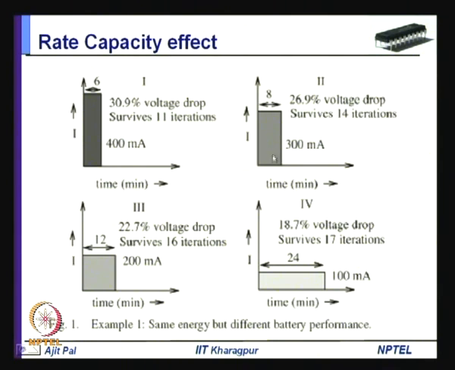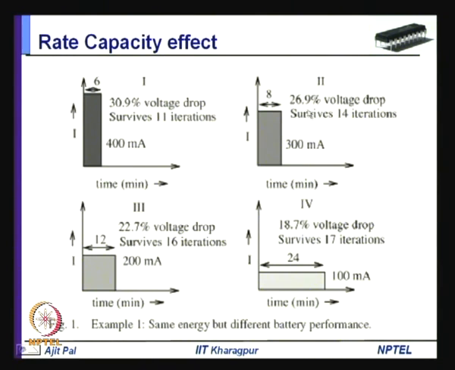Then you can do voltage scheduling, and if you do that, you can reduce the current. Obviously, it will actually not be only voltage scheduling, but voltage and frequency scheduling. As you do that, the current can be reduced, but the execution time will increase as I have mentioned. So, the energy drawn from the battery is the same. 8 into 300 is the same as 6 into 400.